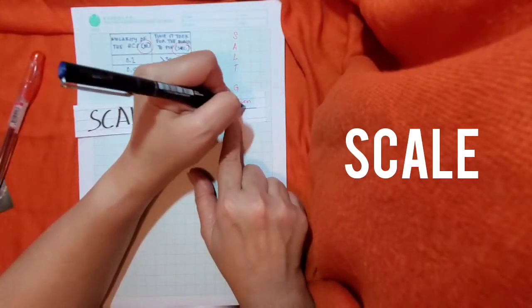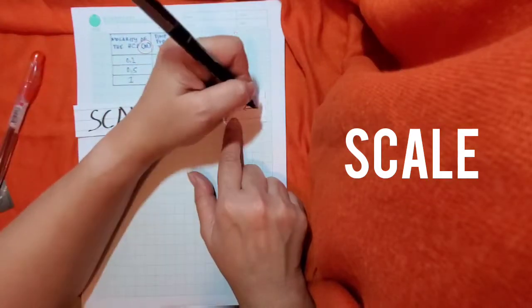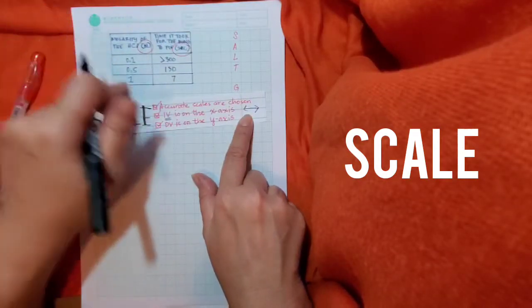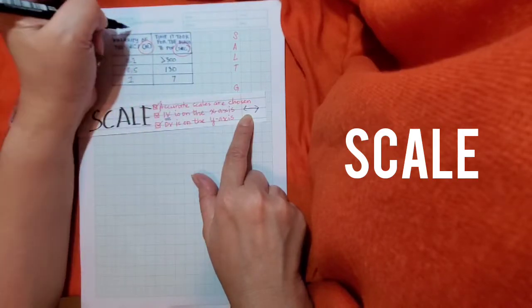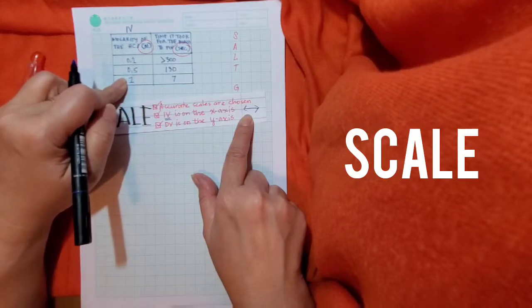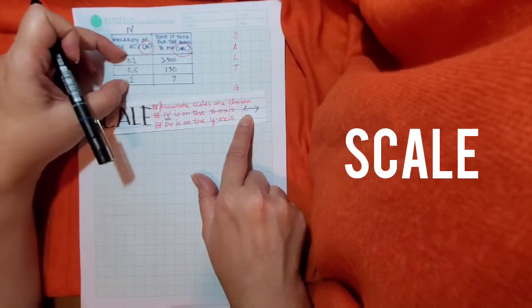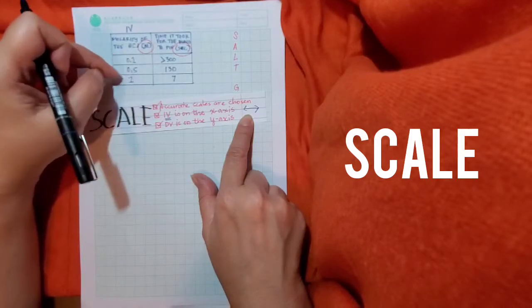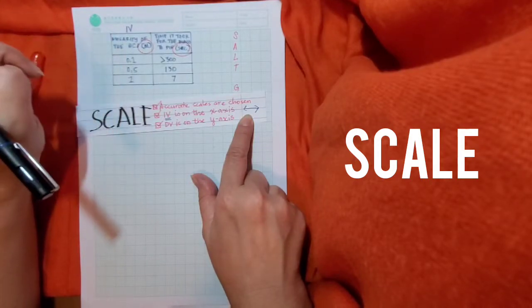The x-axis is the line that goes left to right. As I told you, in this table, the independent variable is on the left. So you can see the range in your independent variable is very small: 0.1, 0.5, and 1.